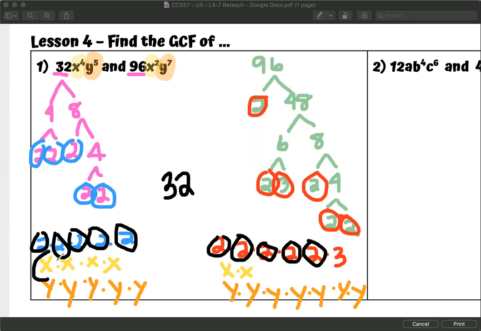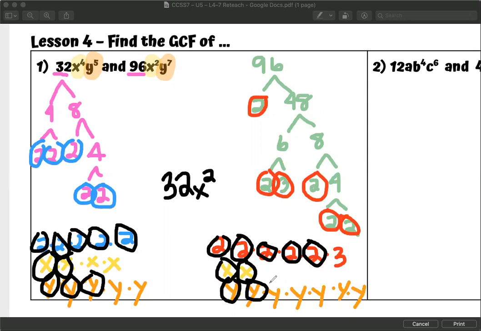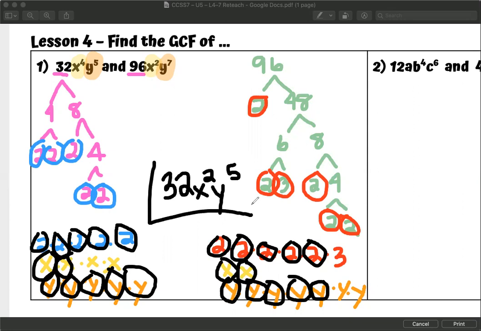Then they share 1x and another x, a total of 2 x's, so x squared. And then for y, they share 1y, 2 y's, 3 y's, 4 y's, 5 y's. So y to the 5th. And that is our GCF.